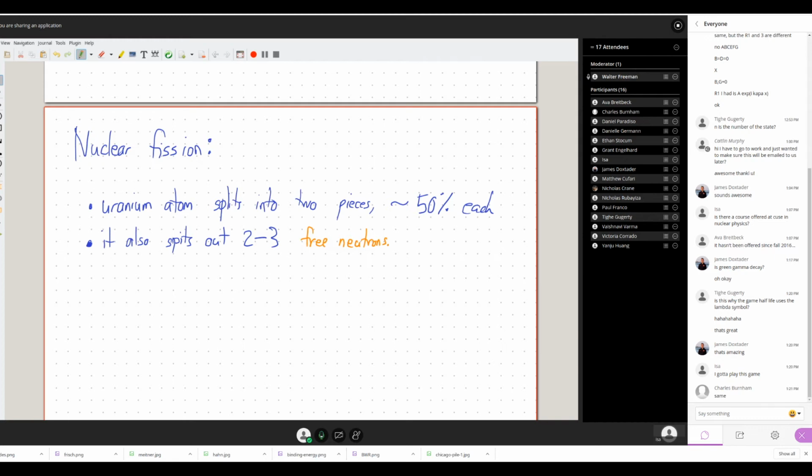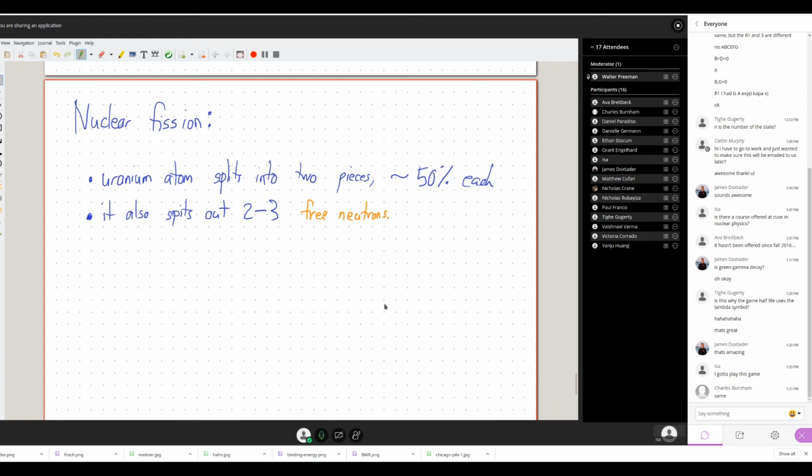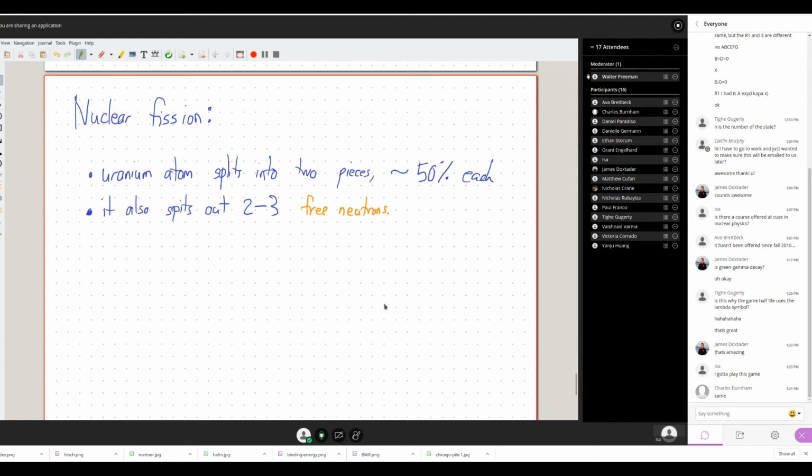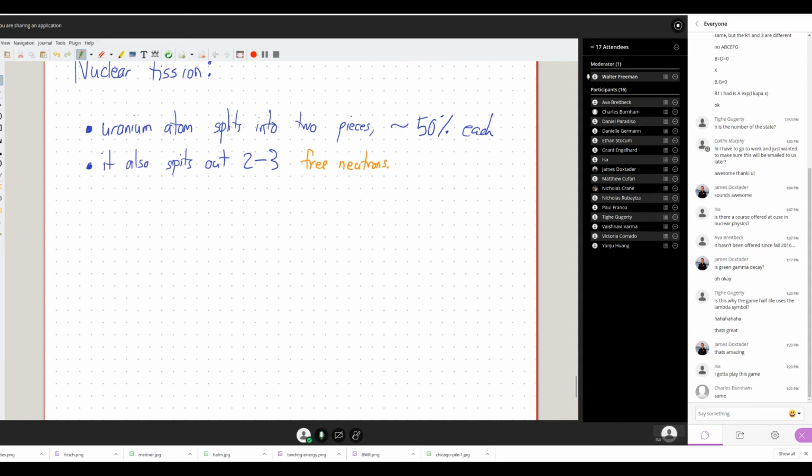So now that we are talking about neutrons, what happened? The other really important piece of understanding nuclear reactions, and this is the big question, is what happens when a neutron hits another nucleus? And there are a couple of choices.